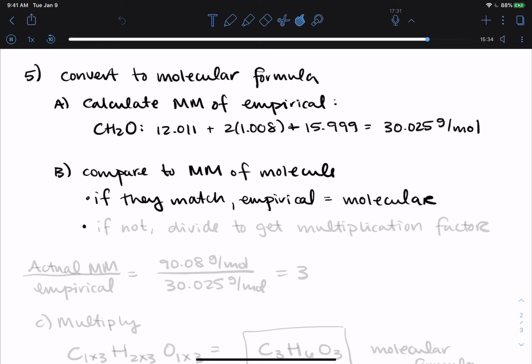Our empirical is 30.025 and our molecule was 90.08. So if not, divide to get the multiplication factor.